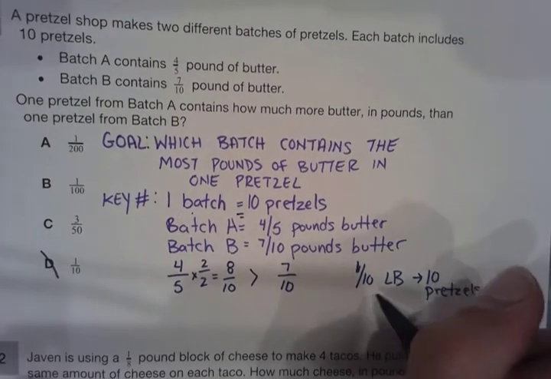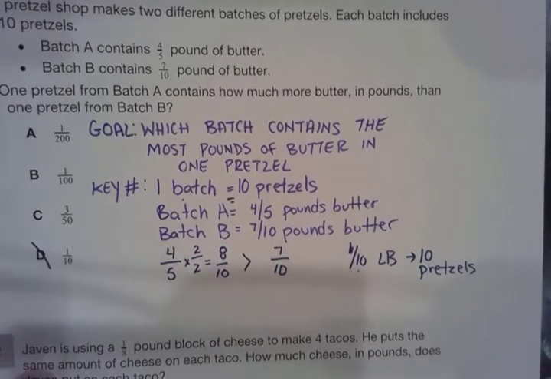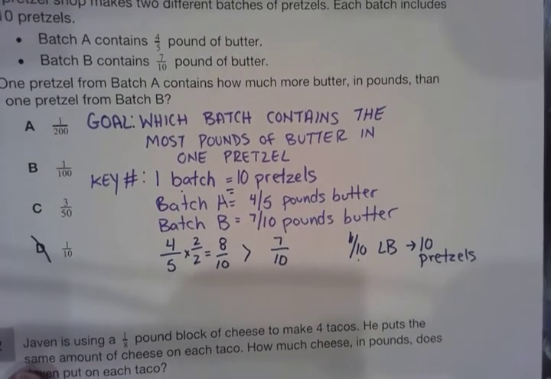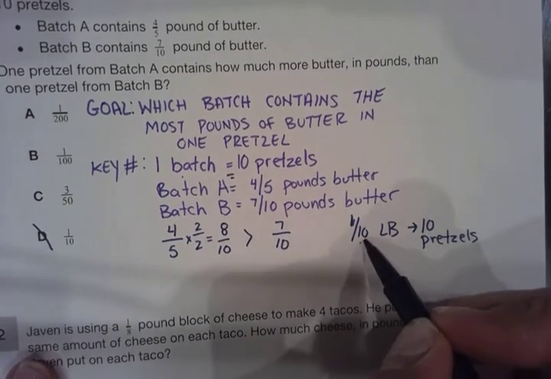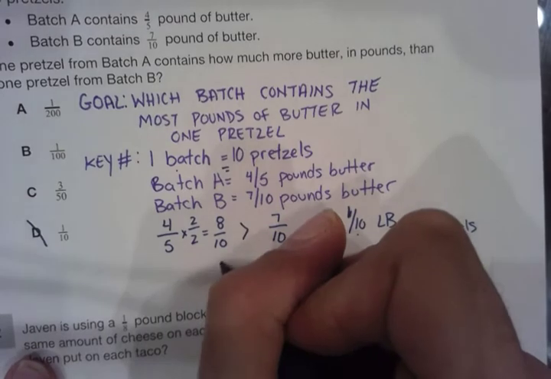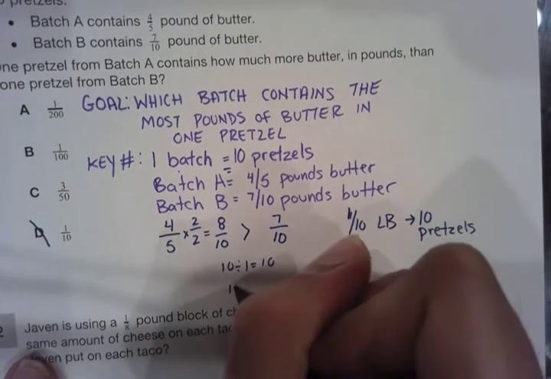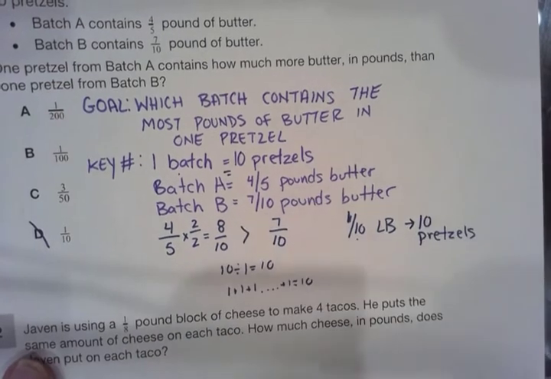So now we have to do 1/10 divided by 10. The way to think about division is you're really trying to think about what number, when added 10 times to itself, is going to equal 1/10. For example, 10 divided by 1 equals 10, because 1 plus 1 plus 1, 10 times, equals 10.